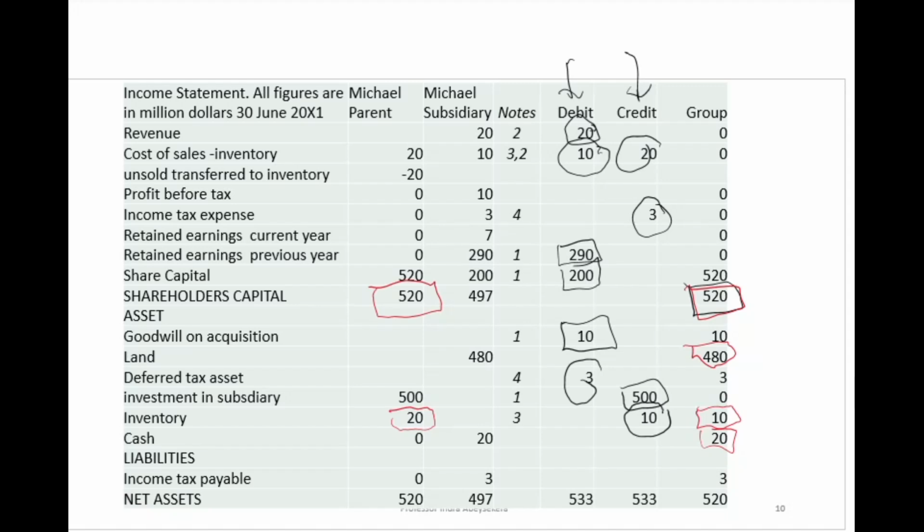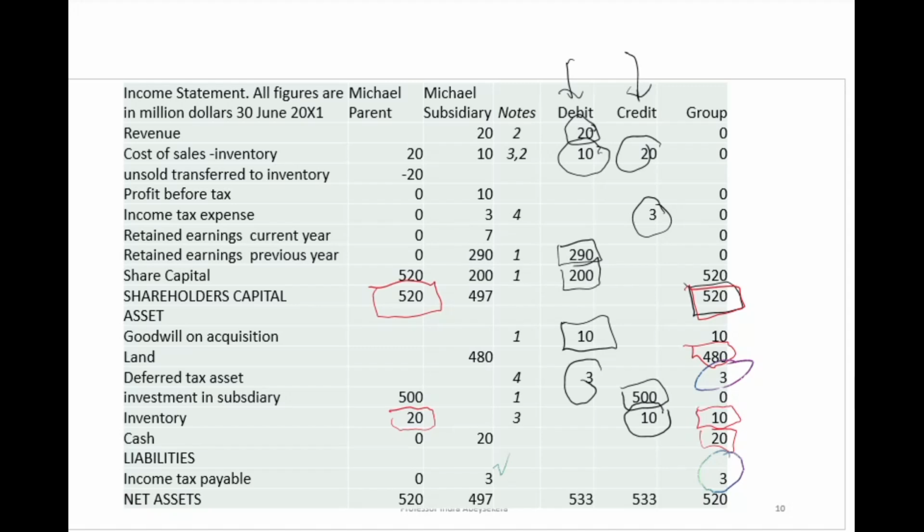But we have a deferred tax asset of 3 million, and income tax payable of 3 million. The reason we have income tax payable of 3 million is because Michael parent actually sold it and then incurred income tax payable because it's a legal entity. So that's over there.